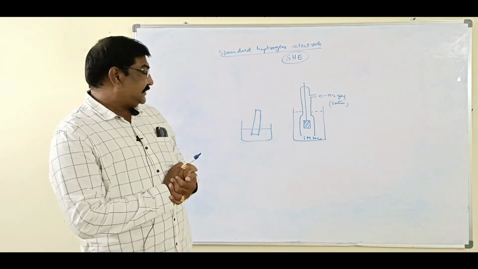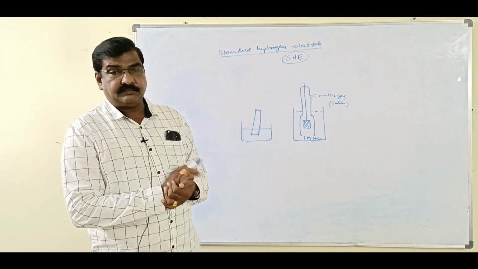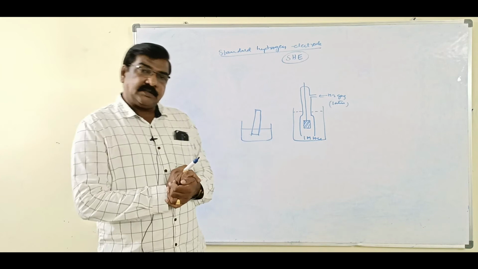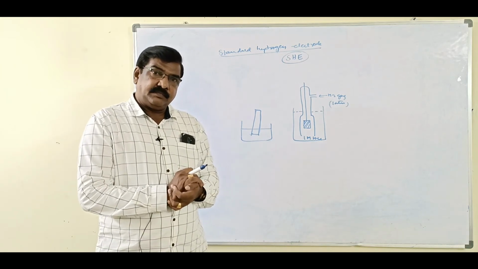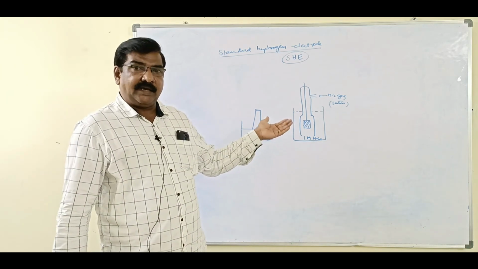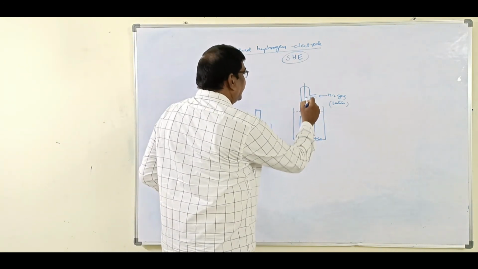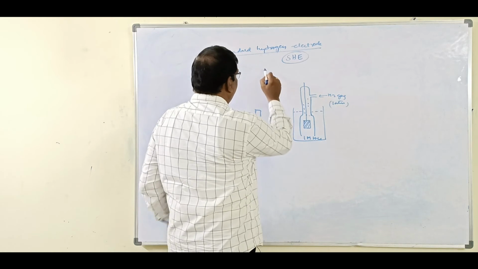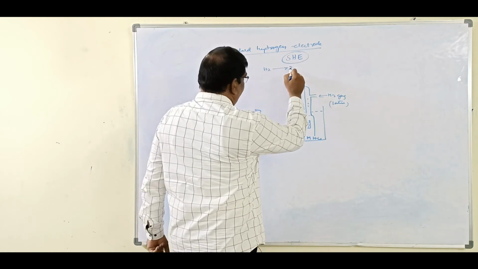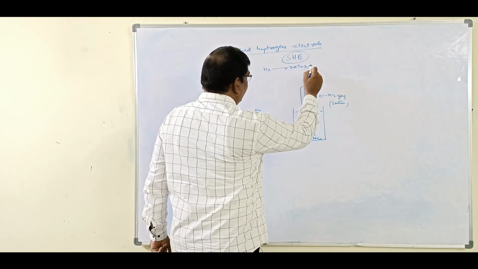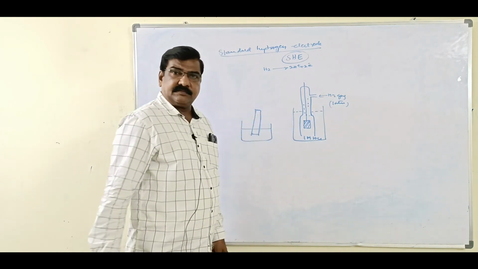How does it act as an anode or cathode? Anode means oxidation. When hydrogen electrode acts as anode, the H2 gas present here is converted into 2H plus and releases 2 electrons.